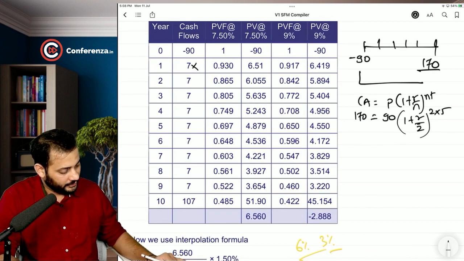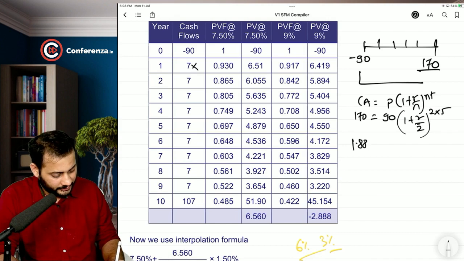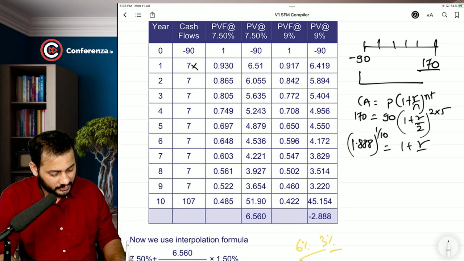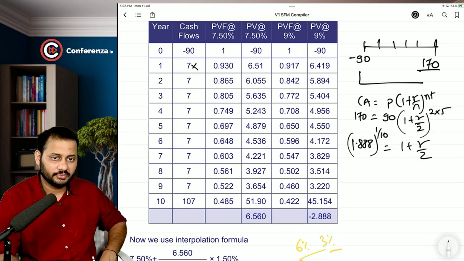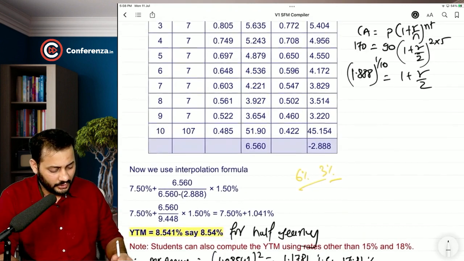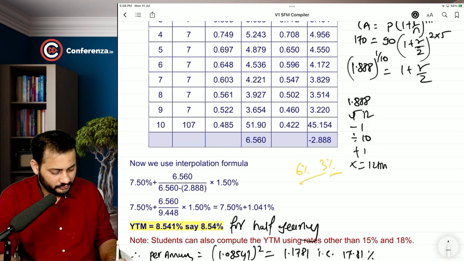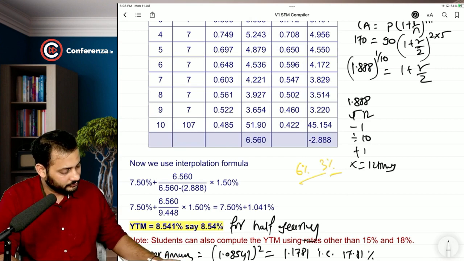170 divided by 90. This is 1.888 to the power 1 by 10. 5 into 2, 10. So 1 by 10 is equal to 1 plus r by 2. Am I right? So let's calculate 1.888. How do we calculate that? It's very simple. 1.888 in the calculator, 12 times square root, and then minus 1, divided by 10, plus 1, into equal to 12 times. Let me do that.